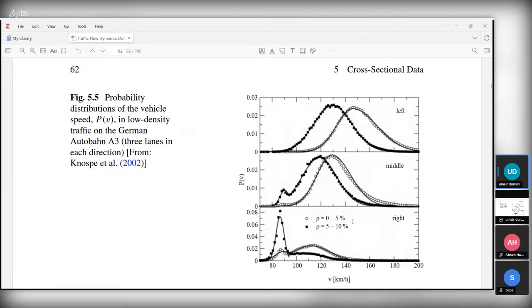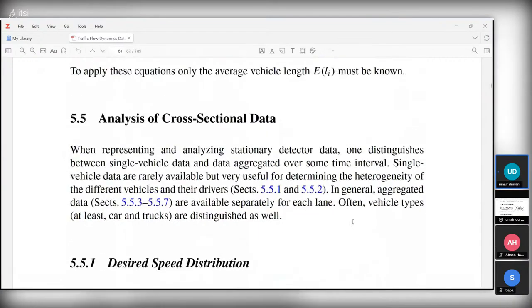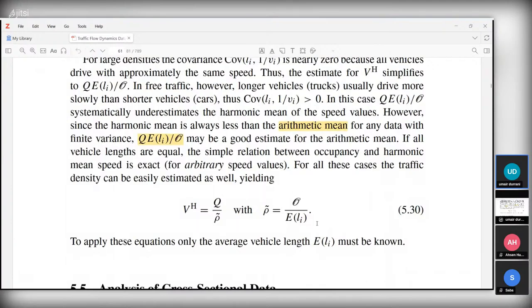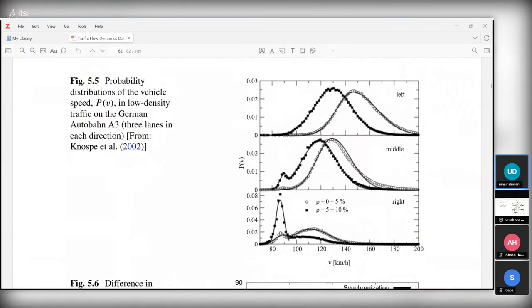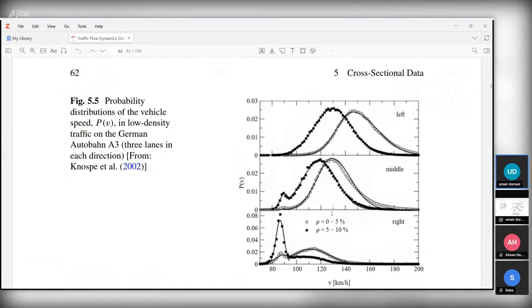So looking at the paper, this is not actually traffic density. This is density estimated from occupancy. So I think they have used occupancy, and that's why this is reported in percentage. Since we are talking about free flow conditions, we have two conditions where they estimated the distributions.